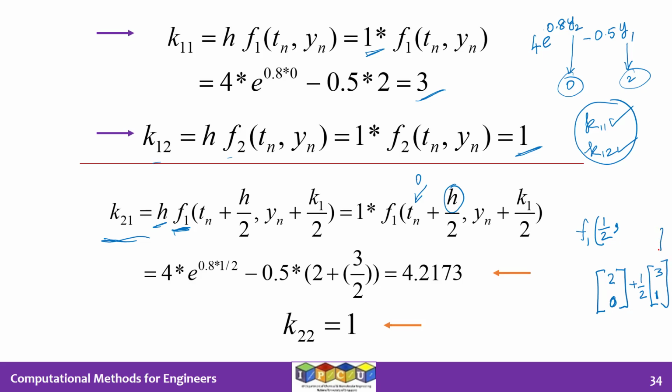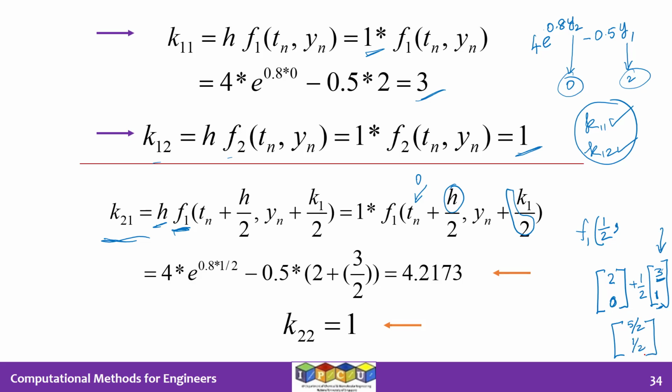So this is k1 vector comprising of k11 and k12. So half, 1 by 2 of k1, but k1 is a vector now because there are two components here. So this is going to be 2 plus 3 by 2, which is going to be 5 by 2. And for y2, it is going to be 0 plus half, which is half.